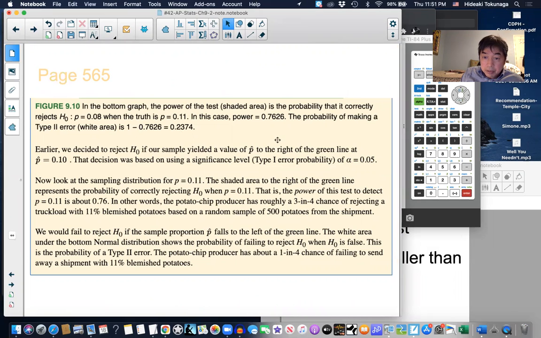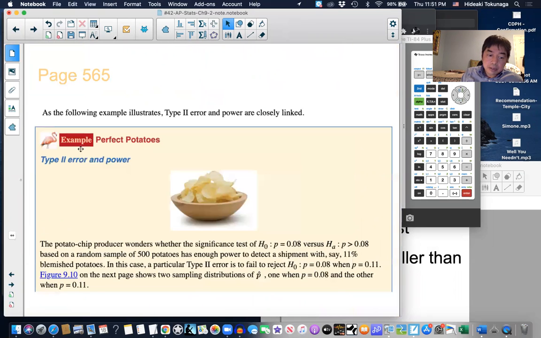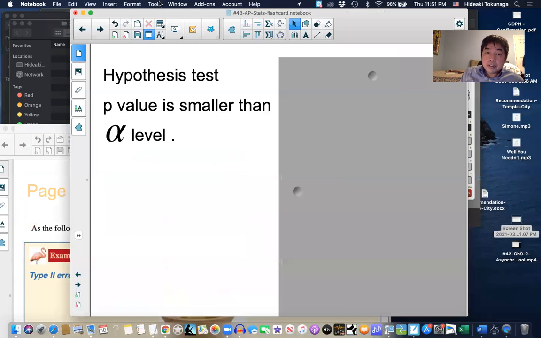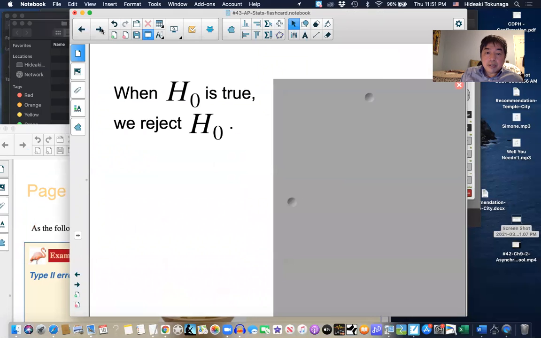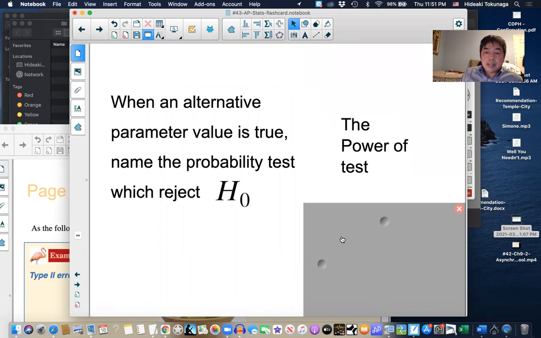The probability of making a type 2 error is the white area, 1 minus 0.7626. What is the value of the highlighted section? That is called power, okay? What does power mean? It's right here. That is the power. This is the definition of power.